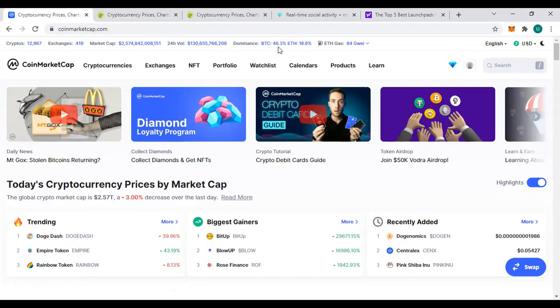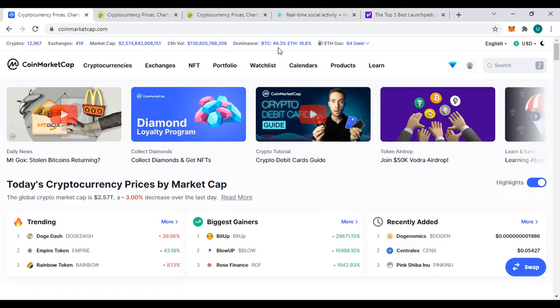Then Bitcoin dominance. When something has dominance over something, it means the leverage is above it. So Bitcoin has 46% dominance over other altcoins. We also use market capitalization to calculate dominance.